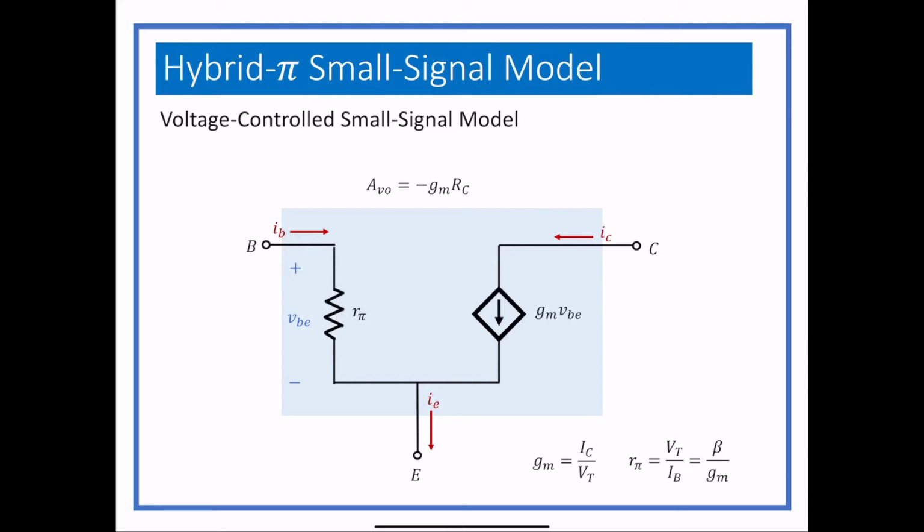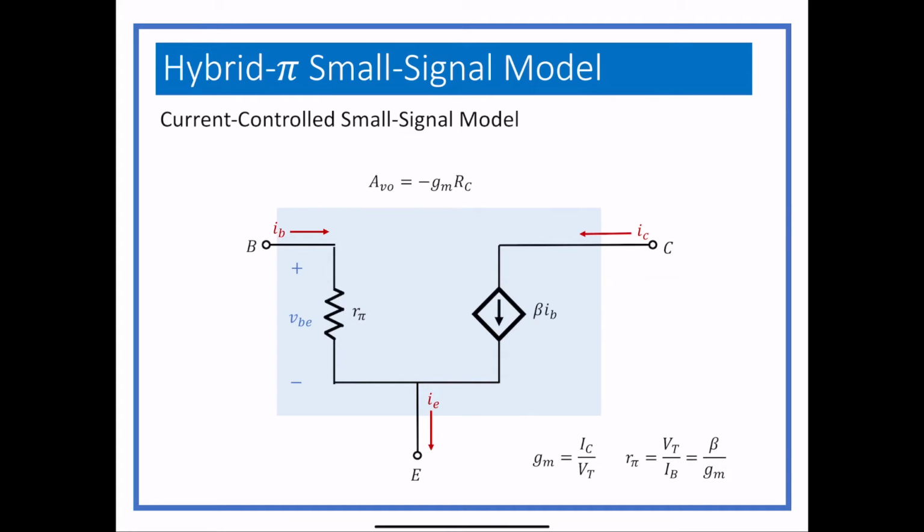But we can also use the current controlled model, and that is just as common and just as valid. It gives you the exact same results at the end. So depending on what ends up being the easiest model to use when we analyze circuits, we'll use one or the other, and either one will work. Like I said, you get the same answer both ways.